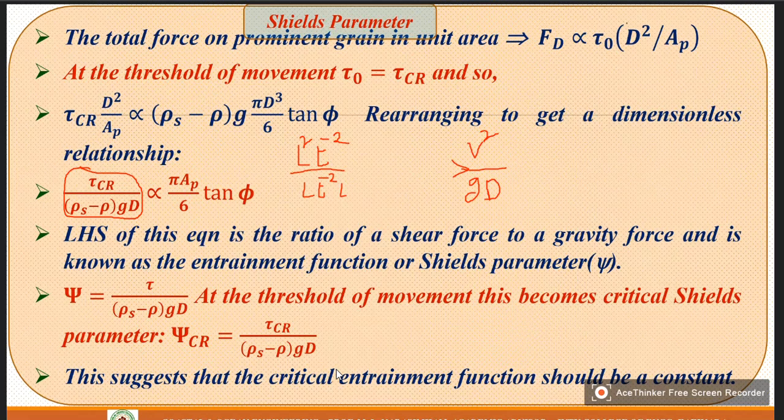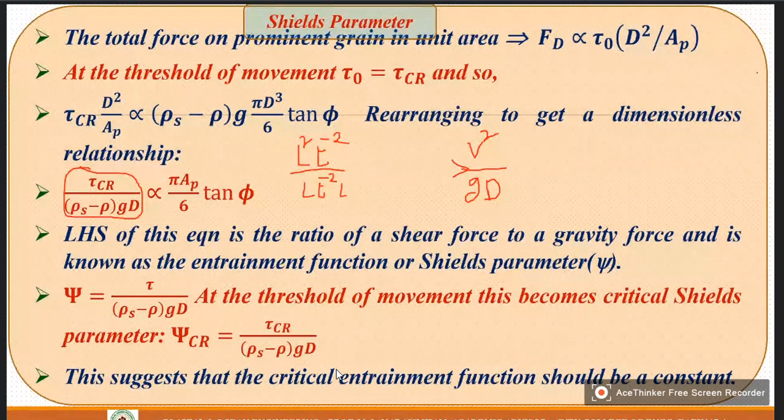Velocity is LT^-1, so it will be L^2 T^-2. G is acceleration, and acceleration is LT^-2.